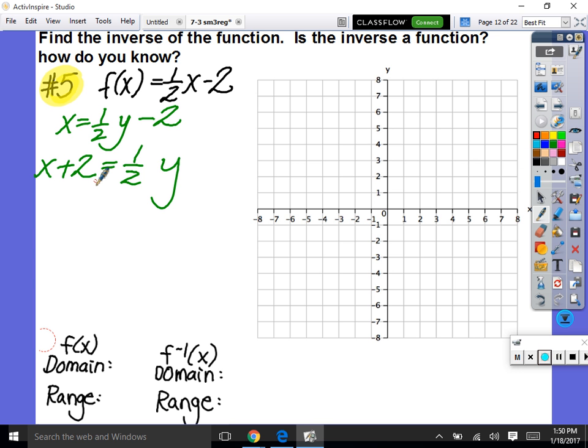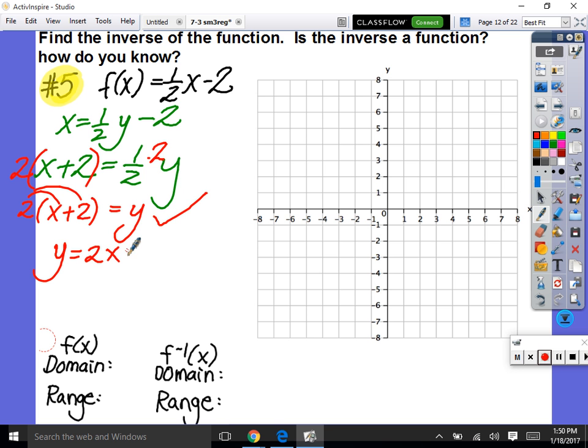I don't want to have to divide by a fraction, so we're going to multiply both sides by 2. Now, is that just this x by 2 or the whole side? Good, we have to put parentheses. You said both sides by 2, so this side all has to be multiplied by 2. So we could leave it as 2 times (x plus 2) equals y. That is a correct, acceptable answer, or you could distribute it. So y is equal to 2x plus 4.